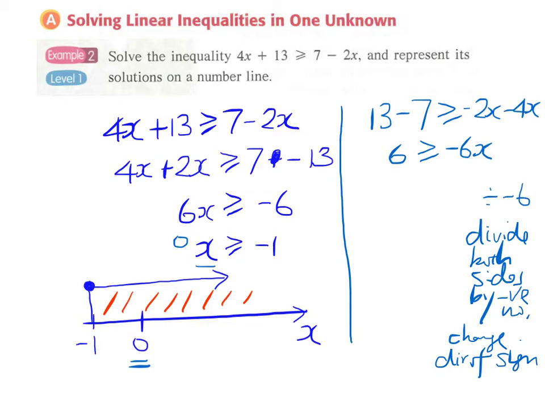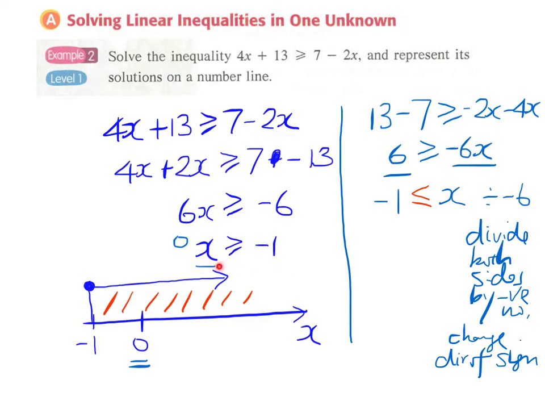Therefore, when we divide both sides by minus 6, the left hand side becomes 6 over minus 6, which is minus 1, and the right hand side becomes positive x. The inequality sign has to be reversed. So therefore, we have x is greater than or equal to minus 1.